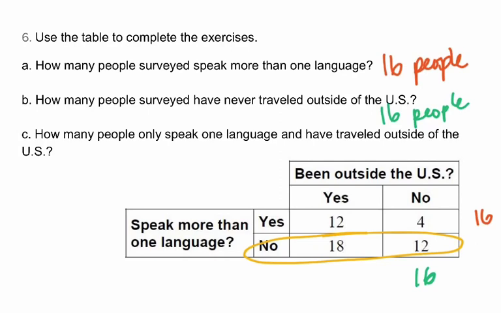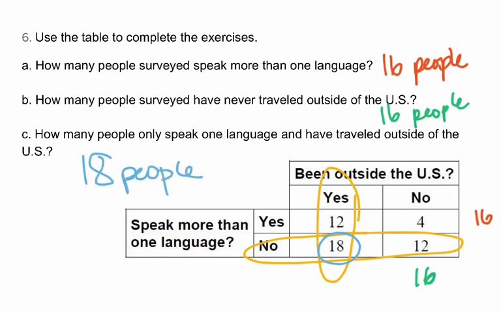But the second half of this says, and they have traveled outside of the U.S. So traveling outside the U.S. is the yes column, and we can see that they overlap here at 18 people. So 18 people have in fact traveled outside the United States, but they only speak one language. That's that joint frequency that we've been talking about.